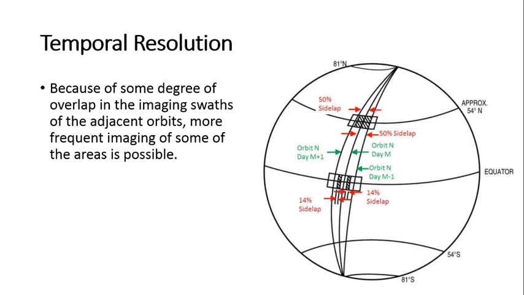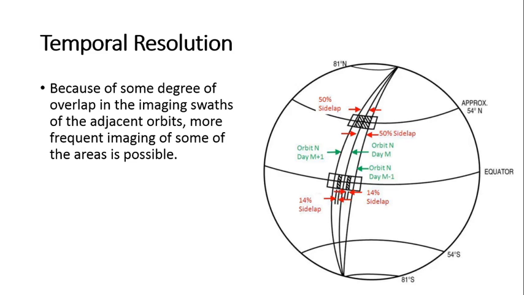So how am I going to explain it? As you can see in this image, this is a schematic of a typical near polar satellite orbit. You can clearly see that the side lap increases with latitude. As the latitude increases, the side lap increases, and towards the polar region, satellite orbits come closer to each other compared to the equatorial region.